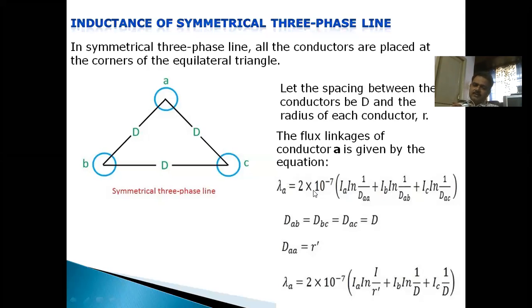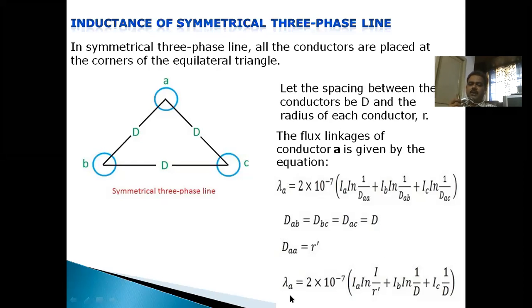Once we got this equation, because this is a symmetrical three-phase line, all the three distances are assumed to be the same. So D_AB is equal to D_BC is equal to D_CA, which is equal to D, and D_AA is equal to R dash, or GMR, that is geometric mean radius.